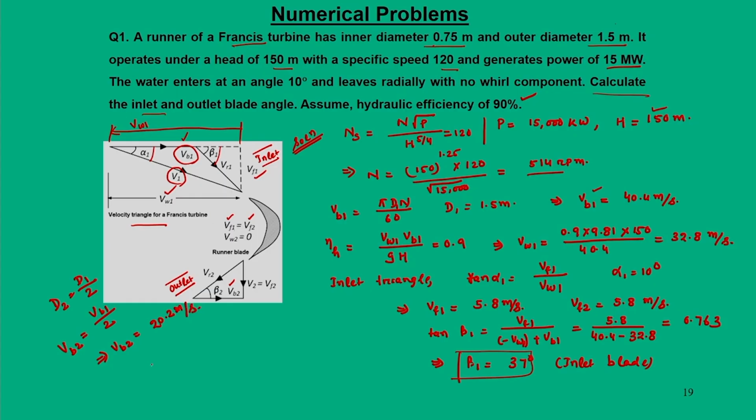So, from the outlet blade triangle we can say tan beta 2 is equal to Vf2 by Vb2 minus Vw2. So, this will give you tan beta 2 is equal to 0.287 or beta 2 is equal to 16 degree. So, we have inlet blade angle as this and outlet blade angle is 16 degree.